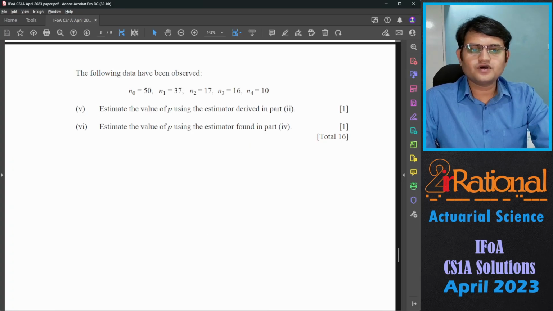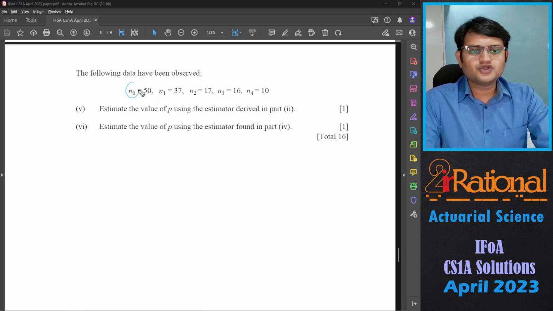Next, we have the following data that have been observed. They have given us n0, n1, n2, n3, n4. Estimate the value of p hat using the estimator derived in part 2, and the sixth part is estimate the value of p using the estimator found in part 4.